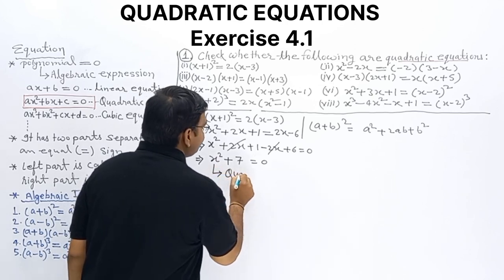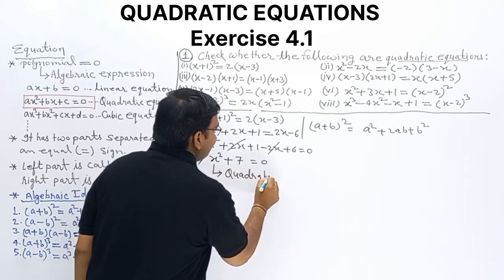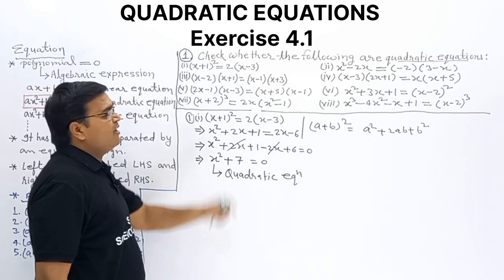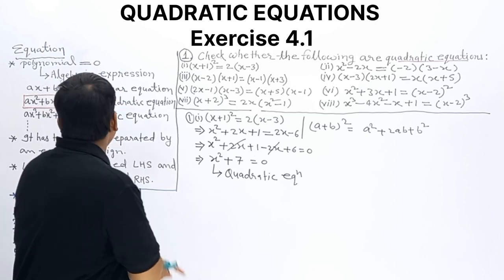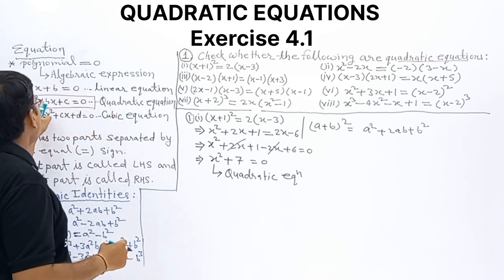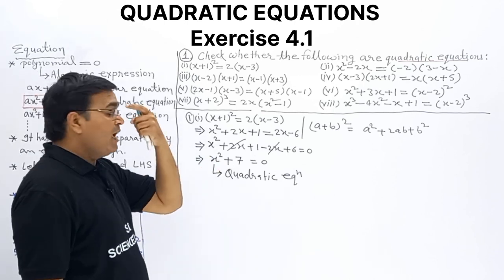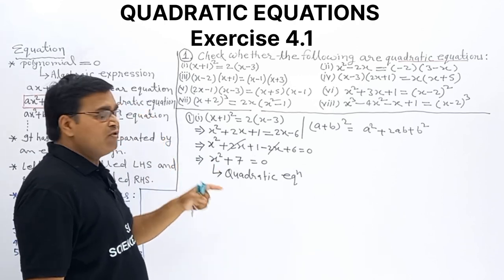So what can we say? This one is a quadratic equation, no doubt. Question number 1, after solving we are getting this standard form ax square plus bx plus c equal to 0, in which the x term is not there.